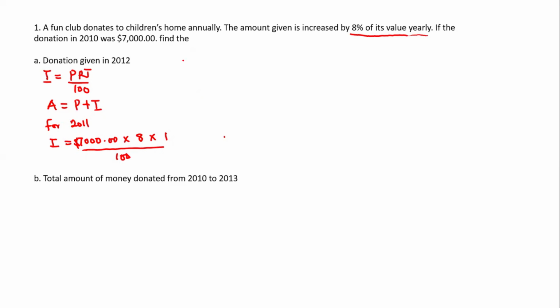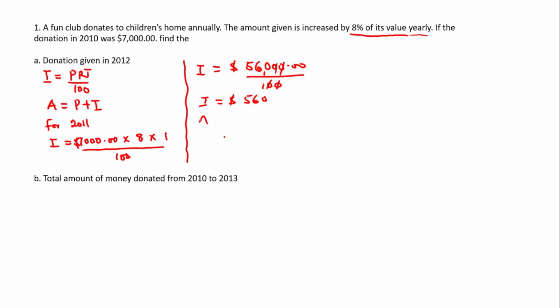By calculating that, your interest will be equal to 7,000 times 8, which is $56,000, divided by 100. 0 take out 0, 0 take out 0. Therefore, the interest for the first year will be $560.